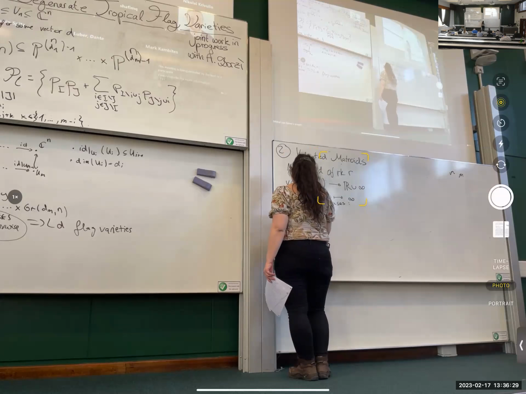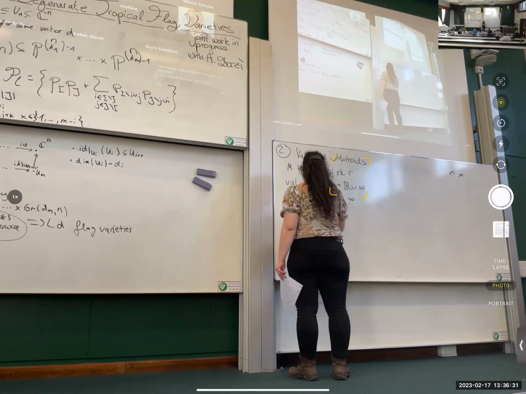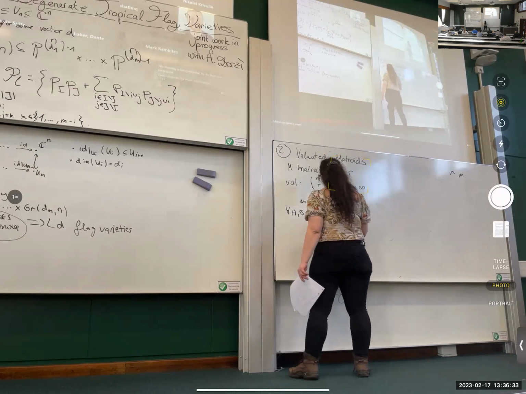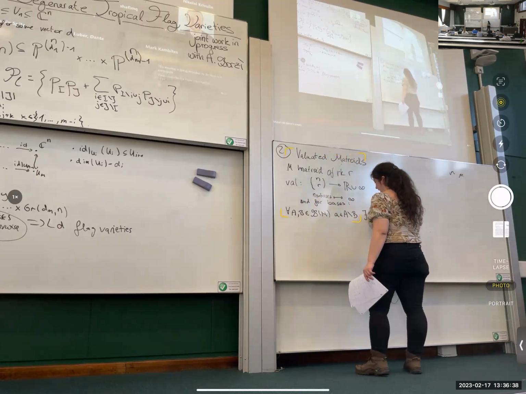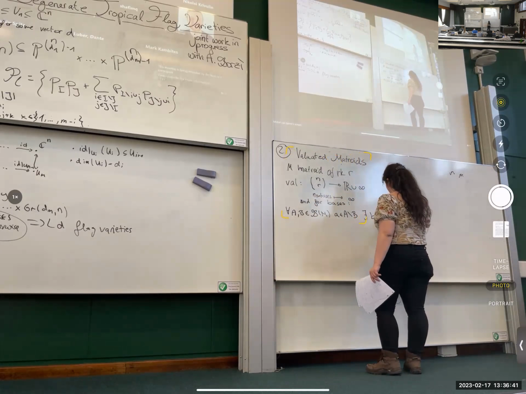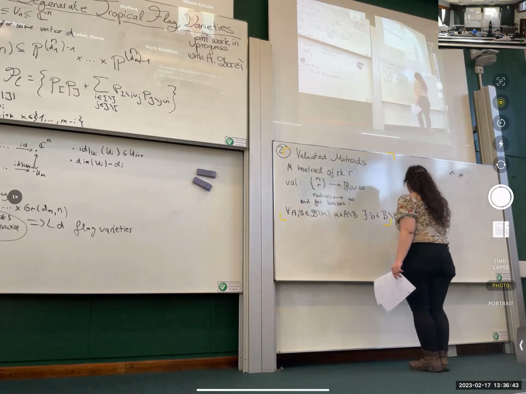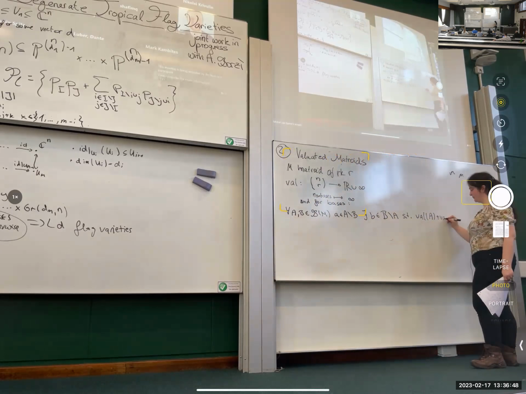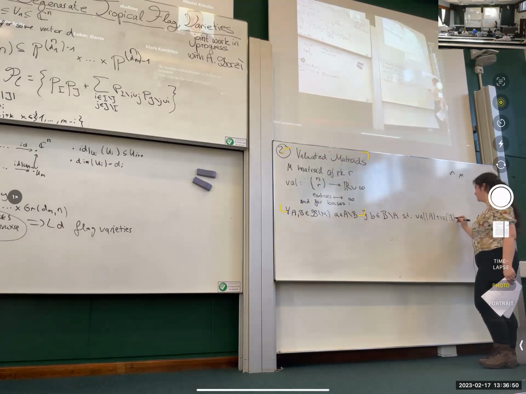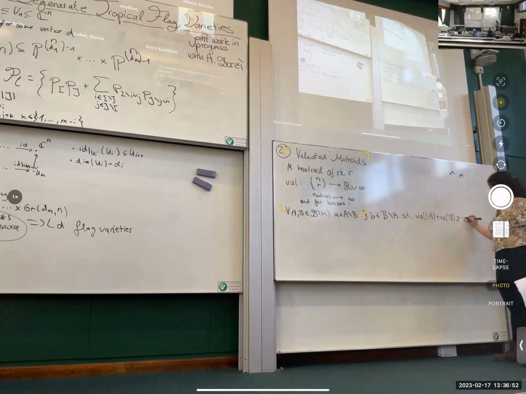For all A and B in the bases of M, and all a in A set minus B, there exists a b in B set minus A, such that the valuation of A plus the valuation of B is greater than or equal to the valuation of A set minus a union b plus the valuation of B set minus b union a.